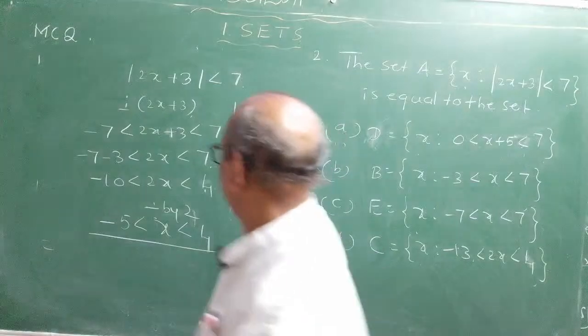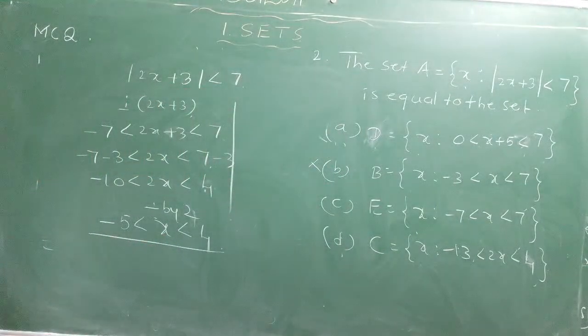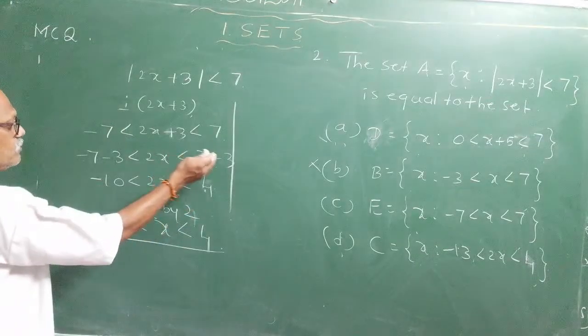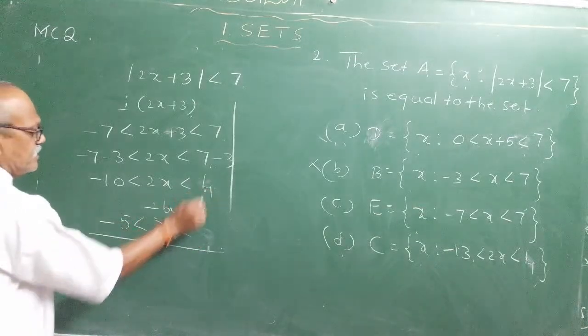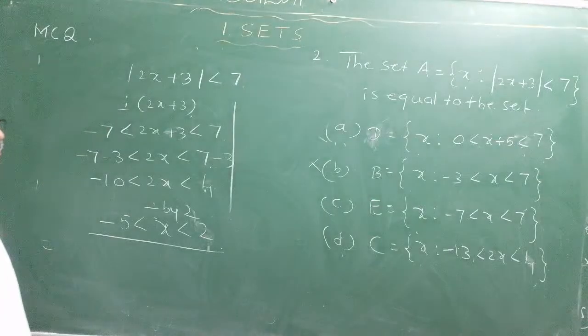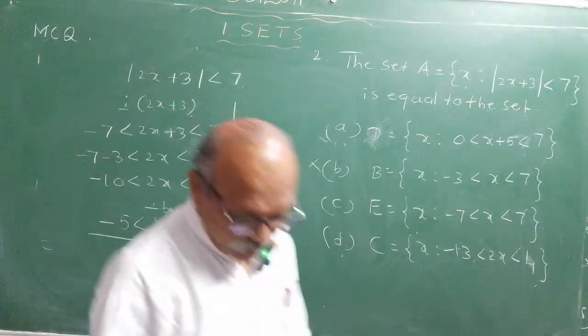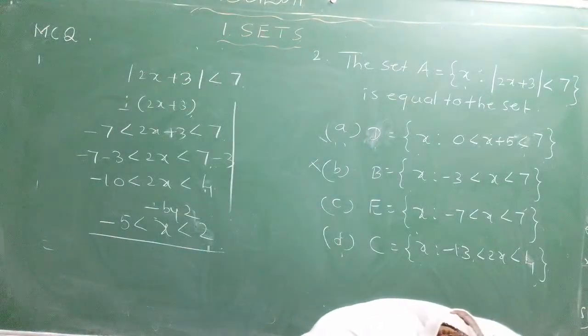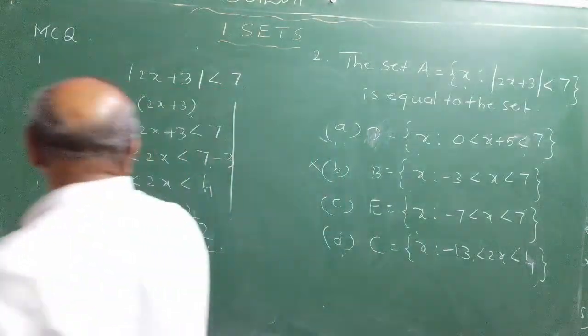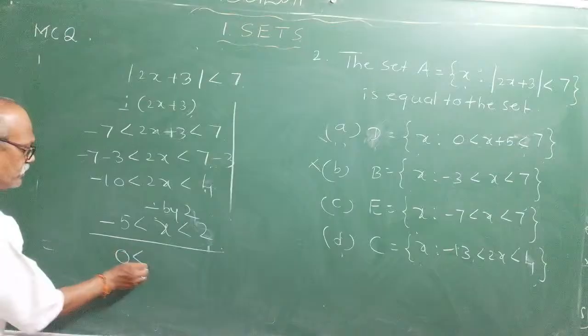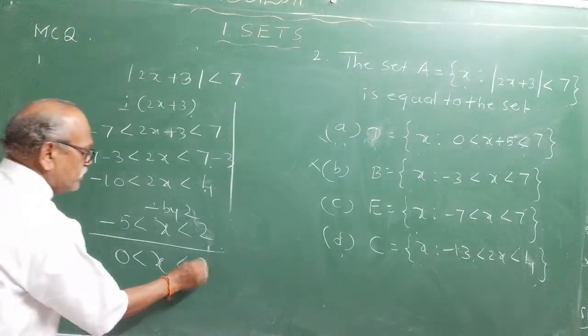What does it mean? Take minus 5 to the right. 7 minus 3 is 4. Divide by 2. What do you get here? Minus 5 is less than x, x is less than 2. If you take minus 5 to the right, you get 0 is less than x plus 5.